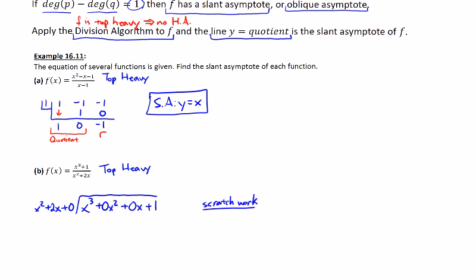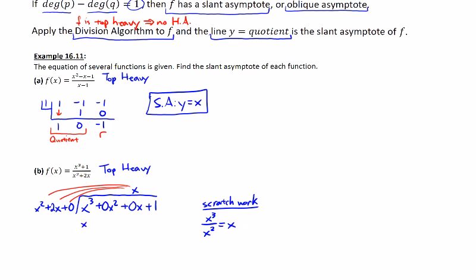And I want to create a little section for scratch work. And this will help me to start the first round of the division process. So everything's set up now. Let's take x cubed from the dividend and let's divide it by x squared from the divisor. And that's going to result in x. So I'll put x up here above the 0x, multiply x through to the divisor.